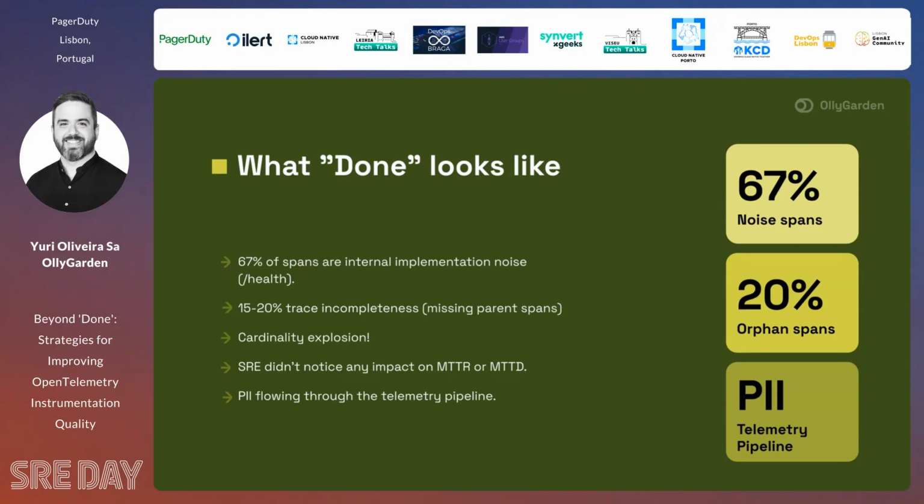Also, the cardinality explosion. Who is familiar with the cardinality explosion here? Sorry, guys, you laughed at this. But imagine one company producing one metric, and this company has thousands of customers, and the developer has put a customer ID into a metric label.